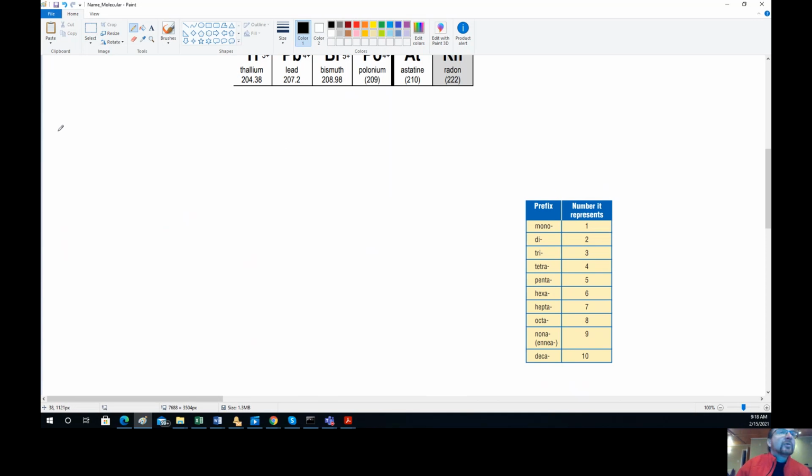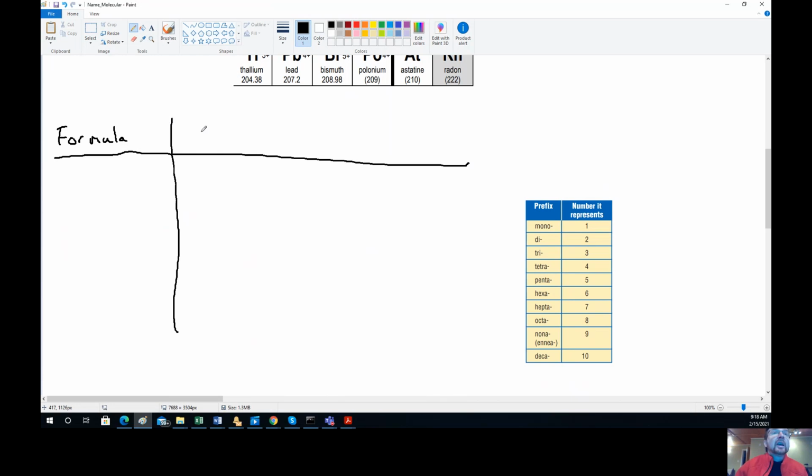Okay, let's get some formulas, and then we're going to figure out the name of some example molecular compounds. And from the formula, we're going to get the name. So make a chart like this. Let's start with a few of these.